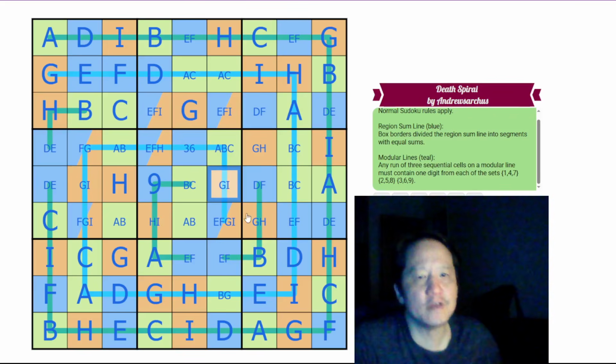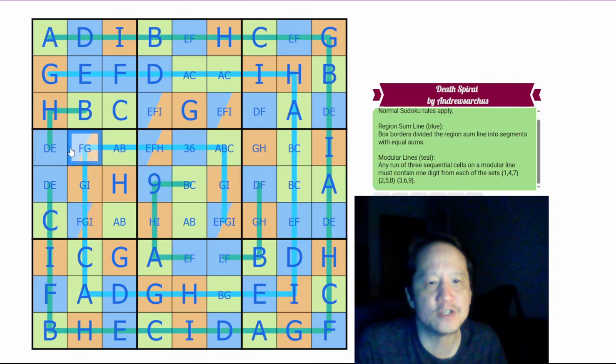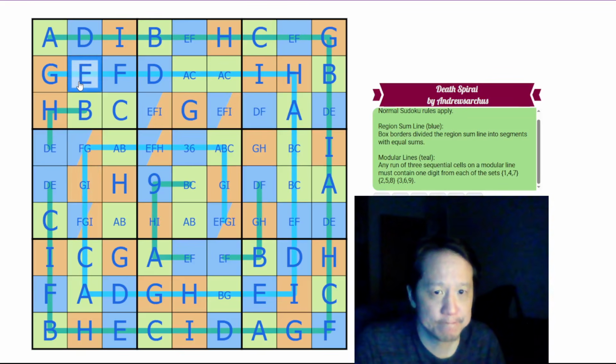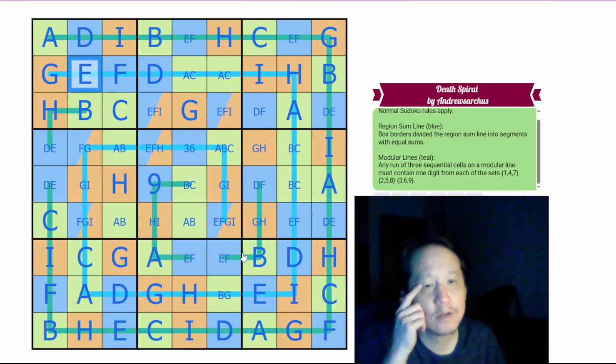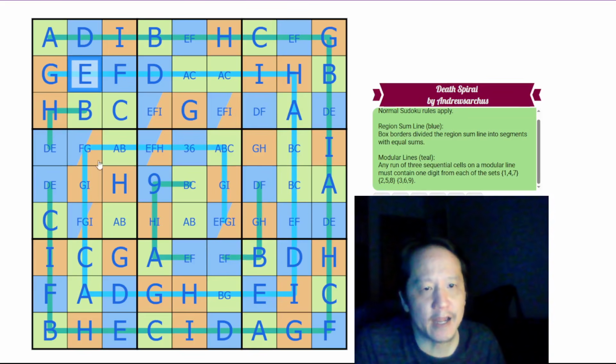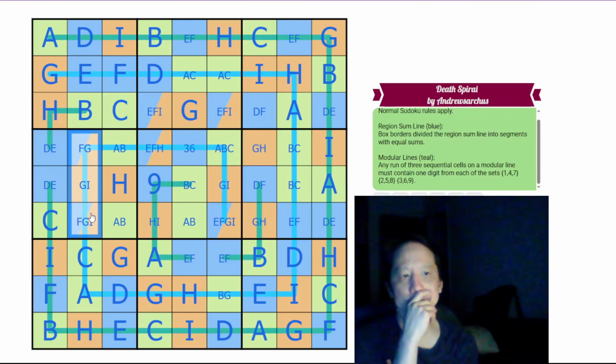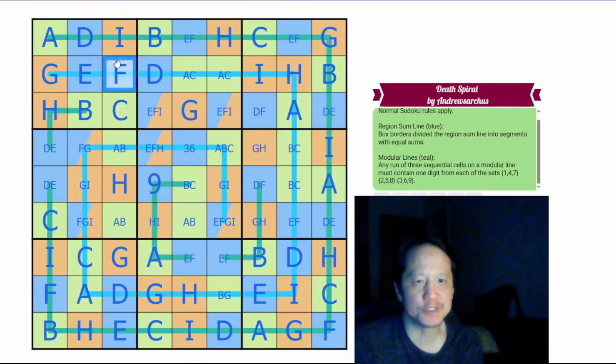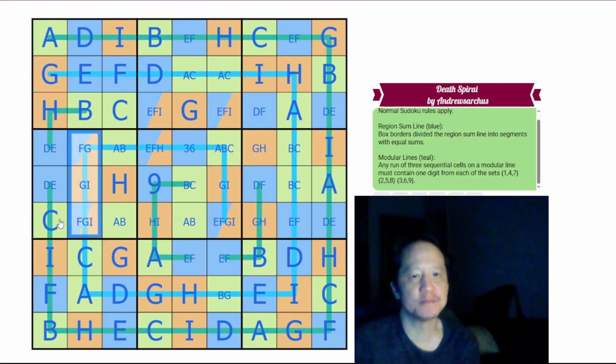What we have here then is F and G. So A and B with I adds up to E, guaranteed, because F and G are the same here. That's the same sum as that.